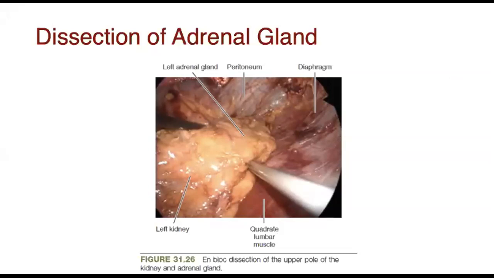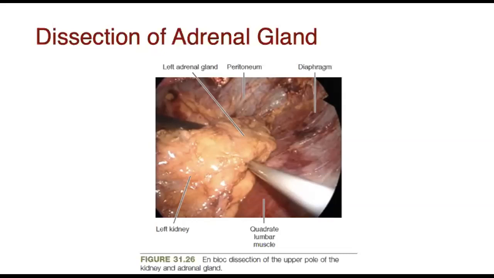The actual arterial branches to the gland are usually not identified but safely cauterized during dissection of the gland. Clip and tie should be employed if any vessels are identified. The inferomedial attachments to the kidney are then taken with sharp dissection or cautery to free the adrenal gland, and then it is removed from the surgical field.